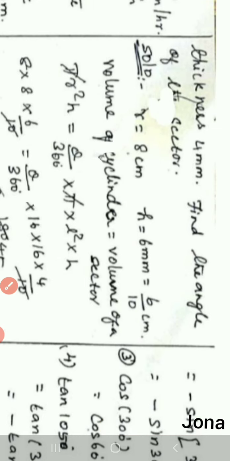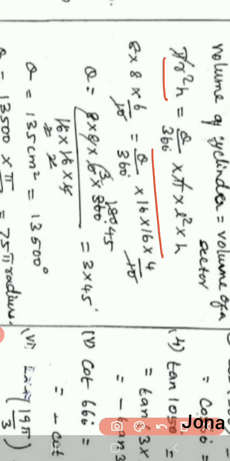The volume of the cylinder is pi r square h, we know that, and the volume of the sector is theta by 360 into pi r square h. Here pi and pi will get cancelled. For the circular plate I have radius 8, so 8 into 8 into h, which is 6 by 10, as we found already. Then theta by 360 into, for this sector, 16 into 16 and h is 4 by 10.